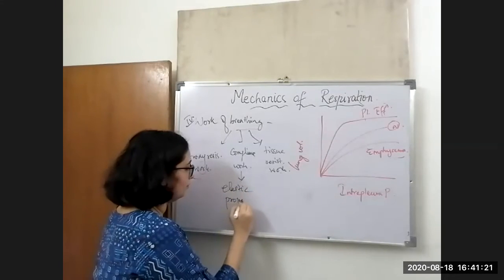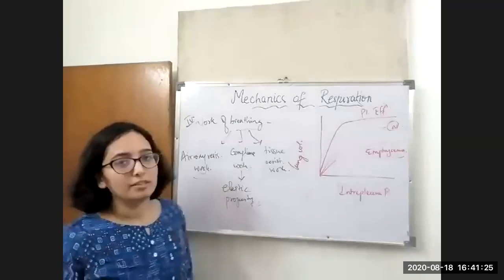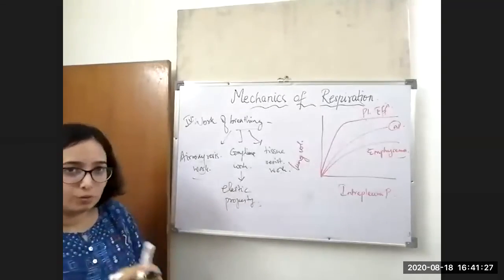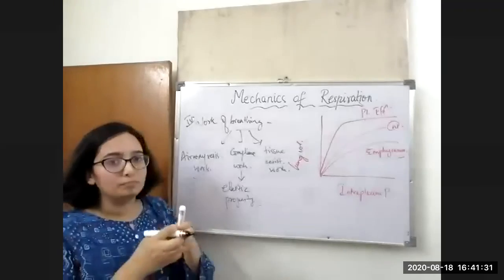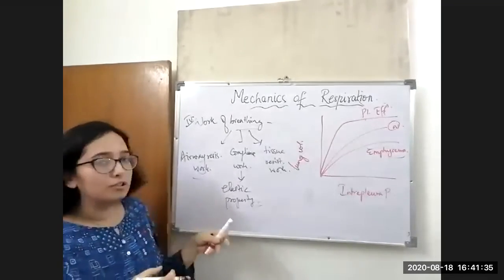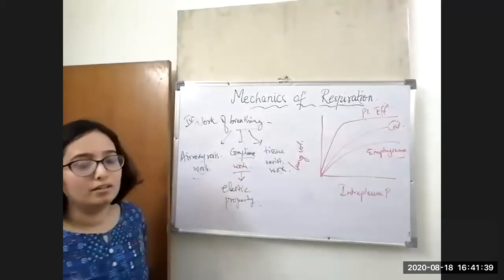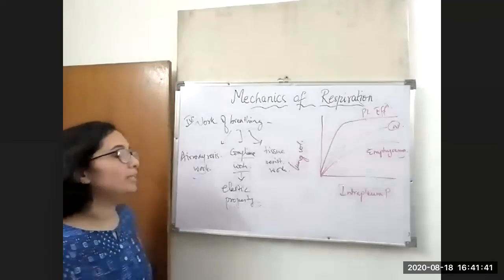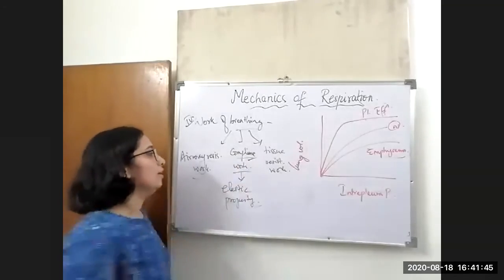As we have already discussed, lungs have an elastic property to recoil. Due to that, to keep the lungs in the extended position or the normal position to prevent it from collapsing, this work done by the respiratory muscles, or the energy expenditure done by the respiratory muscles, is known as compliance work.